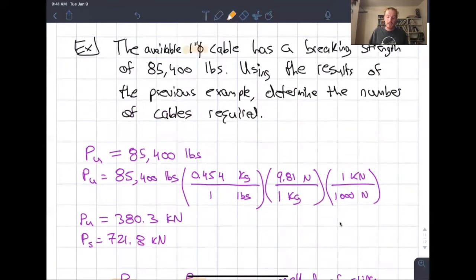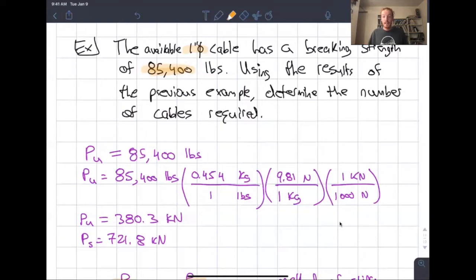We had 1-inch diameter cables. If we use a larger size cable, we would have more available strength, and this 85,000 pounds might jump up to somewhere around 110,000 pounds for, say, a 1.125" cable, and then even up to over 120 for a 1.25" cable.